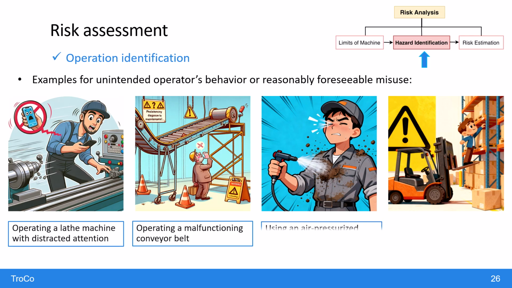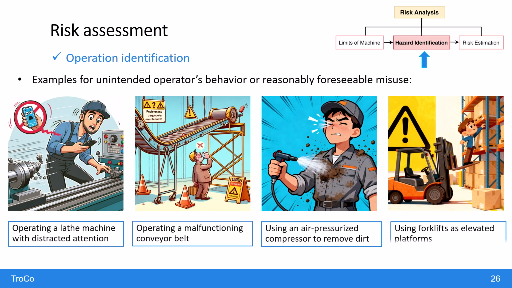Third example, an employee tries to clean dirt off their skin and clothes using a high-pressure air compressor, leading to eye injuries and infections. Fourth example, workers use forklifts as makeshift platforms to reach high shelves or perform overhead tasks, creating risks of tip-overs, falls, and instability.